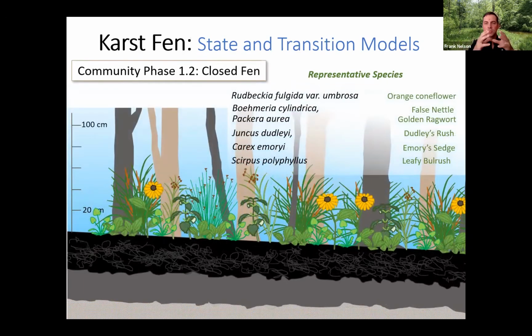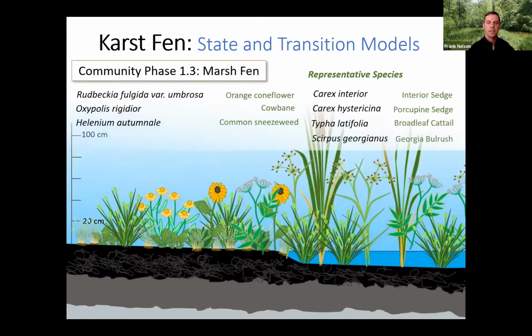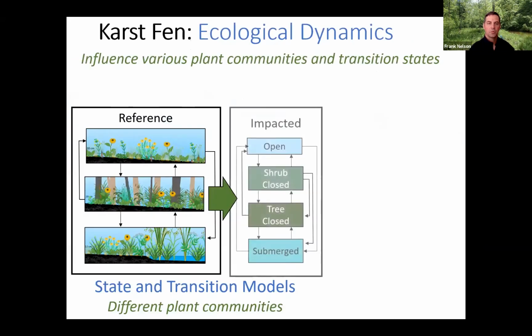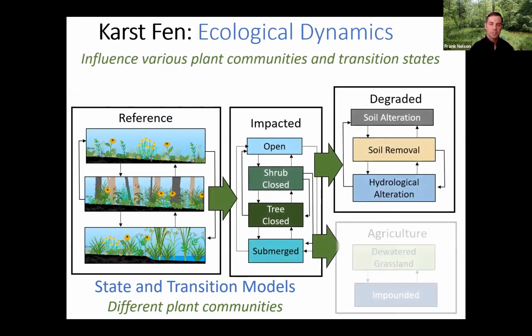Now, these are really small sites in which there's canopy, which doesn't allow for the open fen community to exist. And then the marsh fen is the interaction with beavers. Essentially, you have the karst fen species, but then these emergent species that exist as well. And so that's the reference condition.